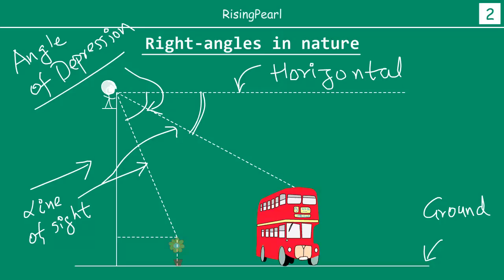So again here, friends, we can imagine that I can drop a perpendicular from the top of the bus to the ground, and similarly from the top of the flower to the ground. And then we can construct right triangles, right?